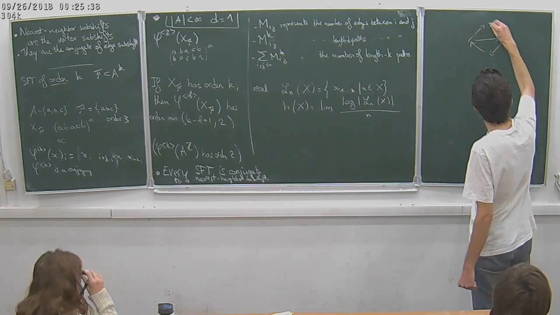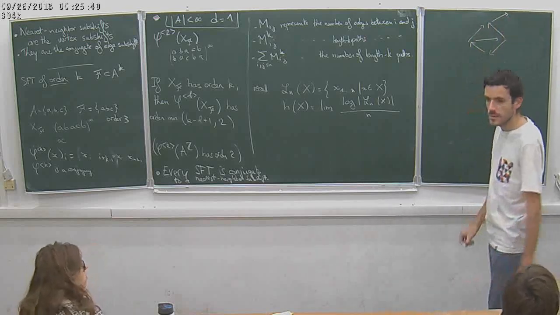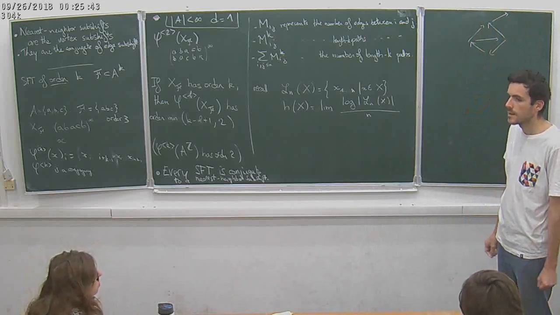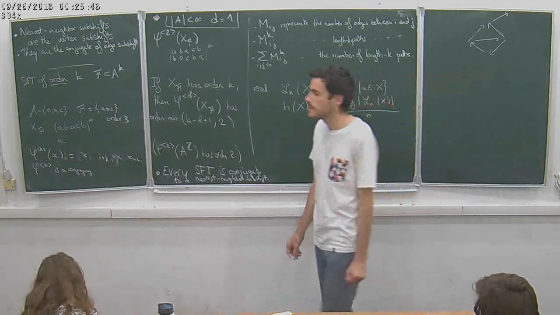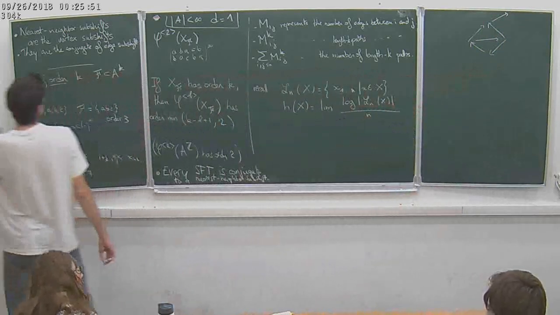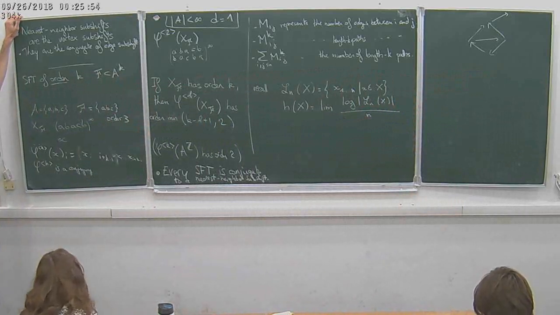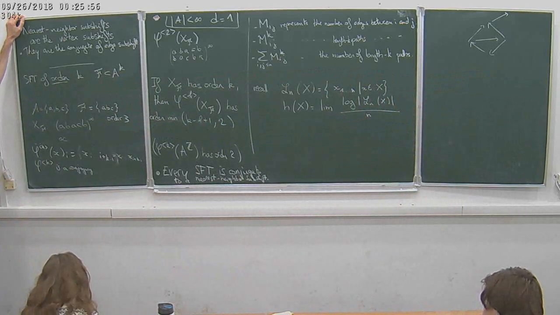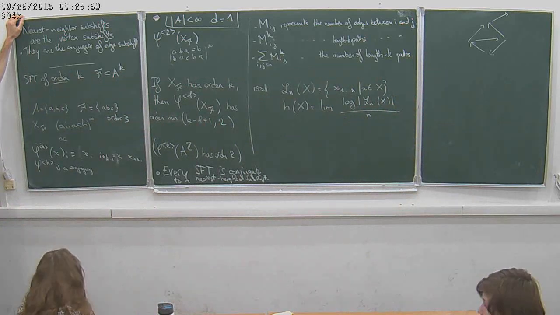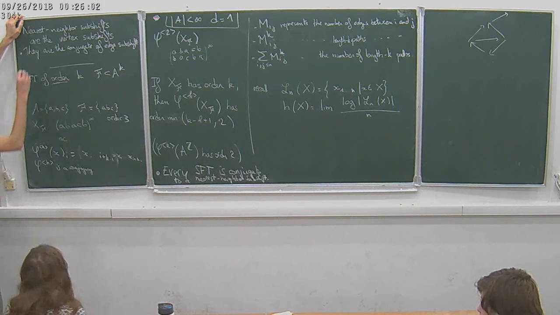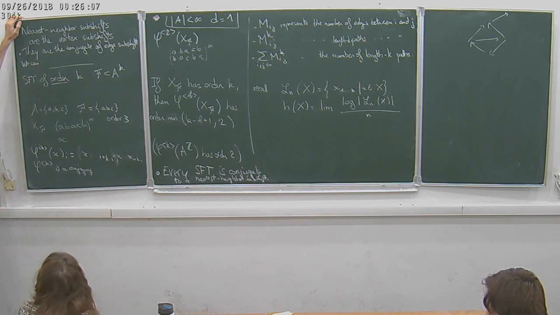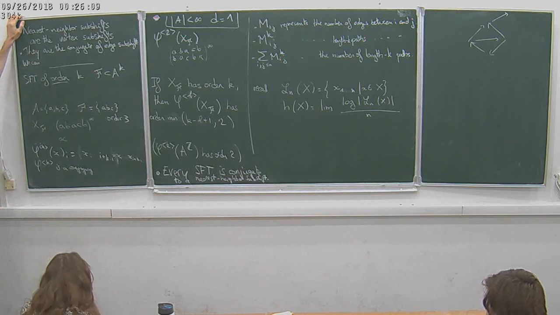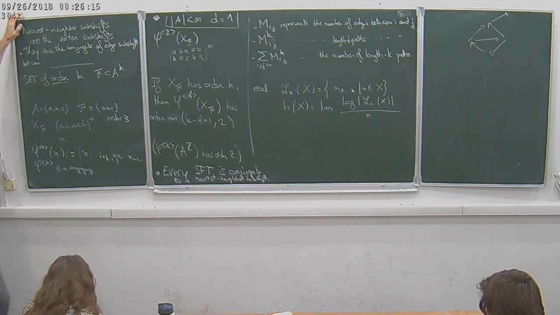It can have sinks and sources, but we can always assume that we don't have sinks or sources, because we can remove them. It doesn't modify the vertex subshift and the edge subshift.